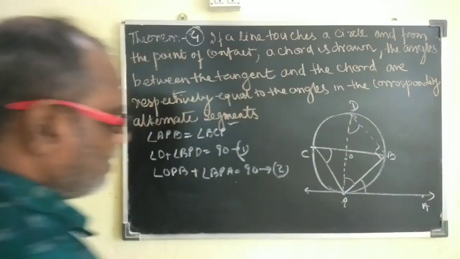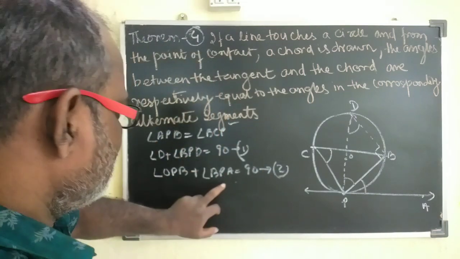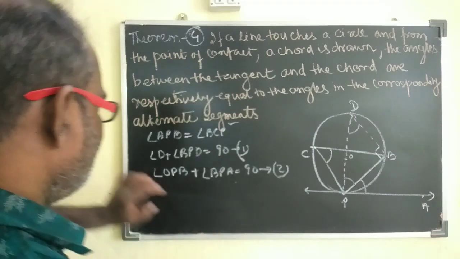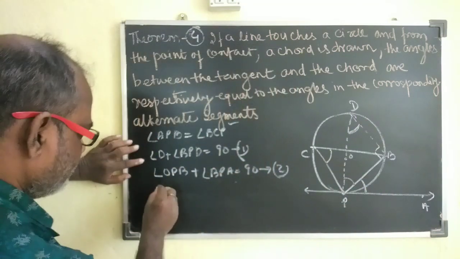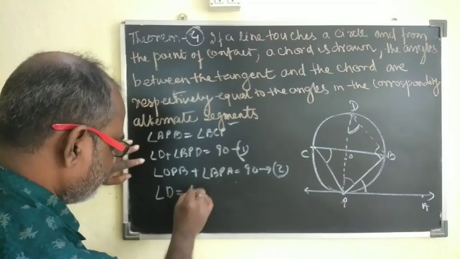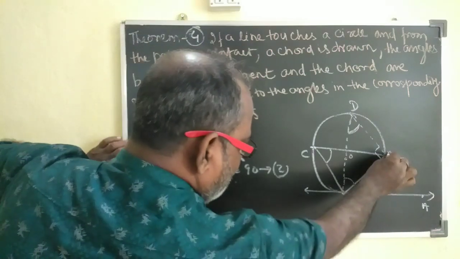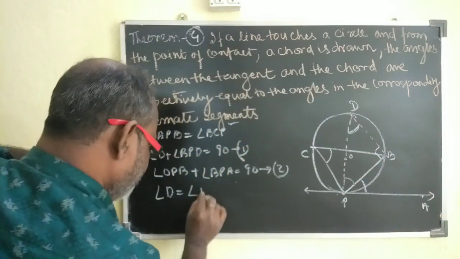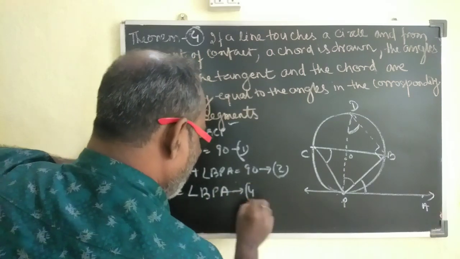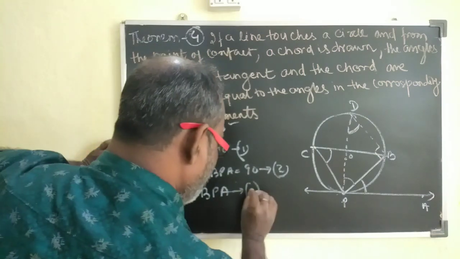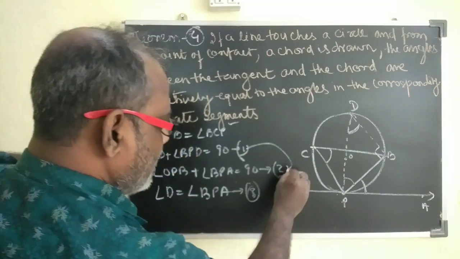This is statement number 2. So from these two statements we can write that angle D is equals to angle BPA. This is statement number 3. How do we derive it from 1 and 2? We have this.